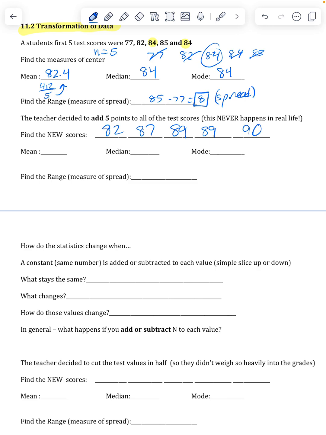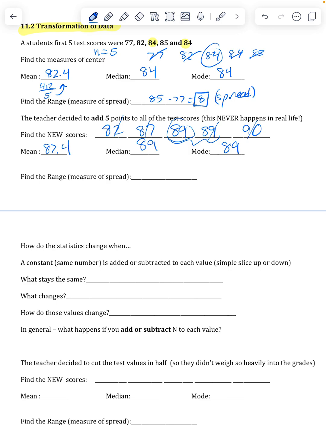Then my new mode, instead of being 84, you can see the repeat here is 89. My new median, if I chop each end, is going to be 89. And my new mean, when I add those up, I'm still dividing by 5, and I end up with a new mean of 87.4.